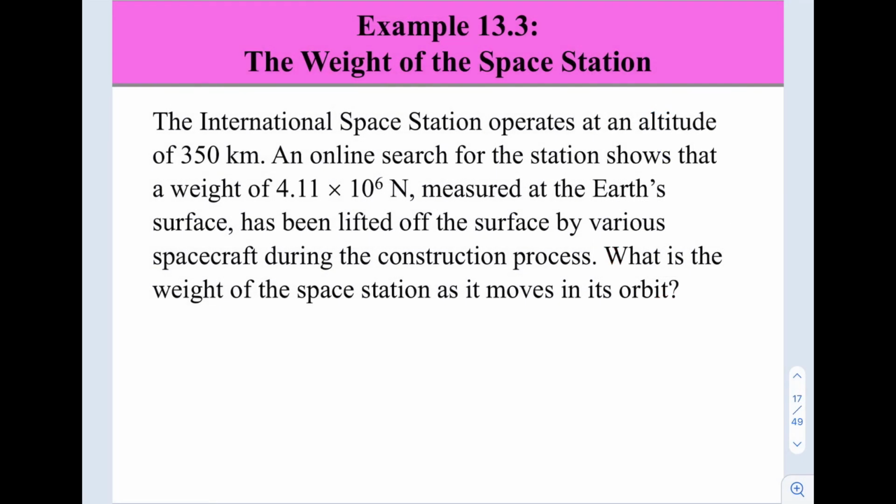Example 13.3, the weight of the space station. The International Space Station operates at an altitude of 350 kilometers. An online search for the station shows that a weight of 4.11 × 10^6 Newton, measured at the Earth's surface, has been lifted off the surface by various spacecraft during the construction process.